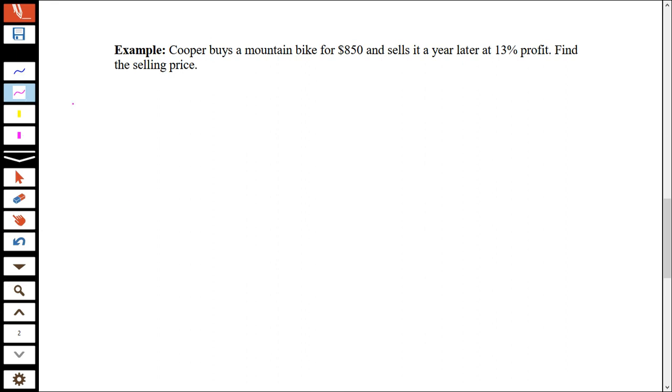Okay, so Mr. Cooper buys a mountain bike for $850 and sells it a year later at 13% profit. Find the selling price. Okay, so the cost price, let's write that down. How much it cost to get the mountain bike? $850. Okay, now you sold it for 13% profit.